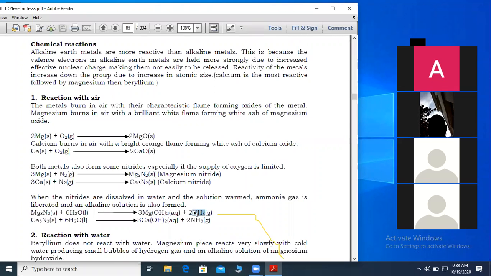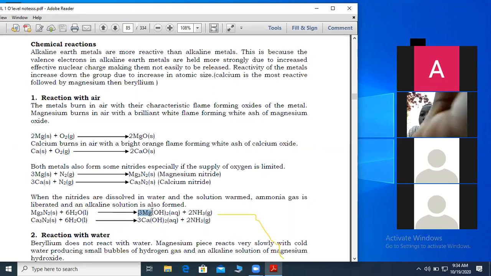So when nitrogen combines with hydrogen, the formula is NH3. And ammonia gas is an alkaline gas, so it will be given out in form of bubbles since it is in solution. To balance this equation, remember magnesium atoms are 3, so you put a 3 on magnesium hydroxide.